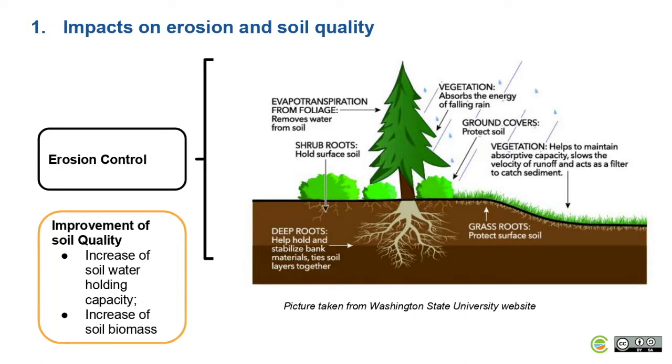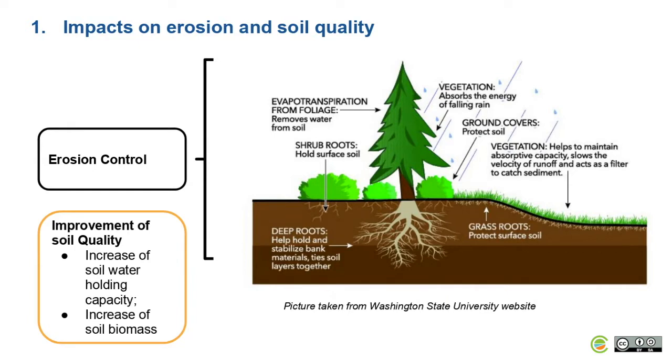Another fact is that having the soil covered by plants reduces the risk of runoff, because of course a bare soil is more susceptible to runoff than a covered soil. Another advantage of vegetation is in the roots.